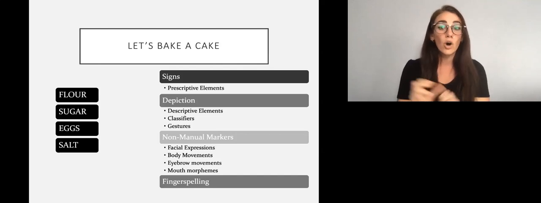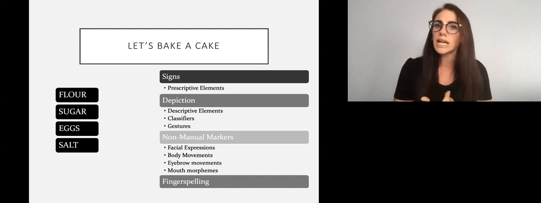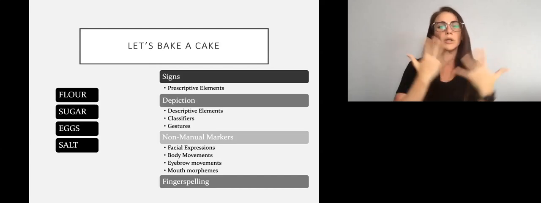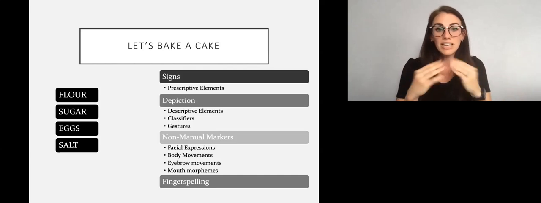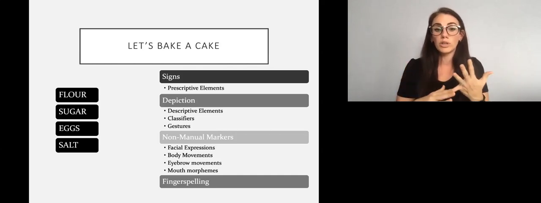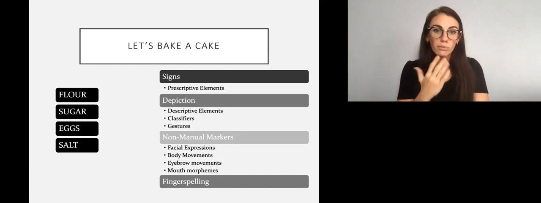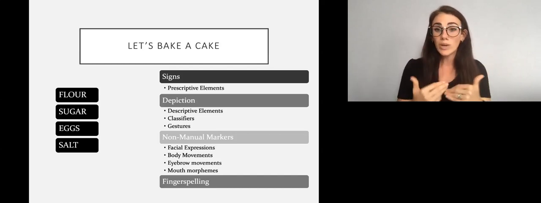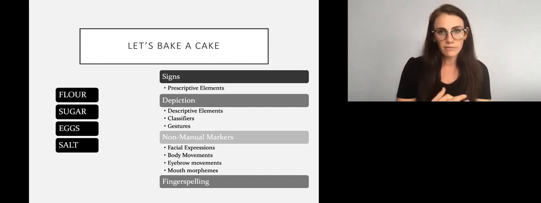Well, is that an okay K, or is that like a K with an eye roll? It's so infuriating. We don't know, because we don't know what that person looked like or sounded like when they said that. We just have that text information, right? So without non-manual markers, which would include things like our facial expression, our body movement, our eyebrow movements, our mouth morphemes, and all the ways that we inflect things in ASL, we lose a lot of meaning.